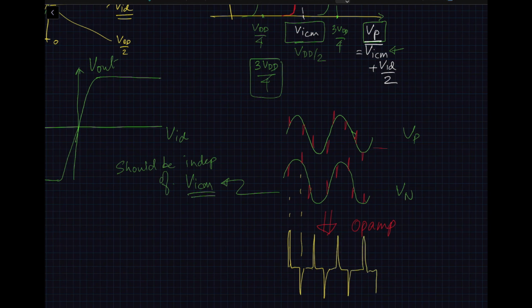And we amplified the weak differential signal. However, we did not respond to the green common mode signal. Okay, so that's in a nutshell how I can explain the common mode signal versus the differential signal.